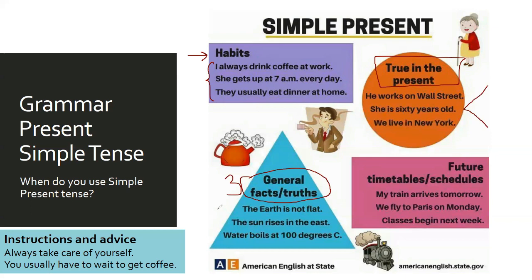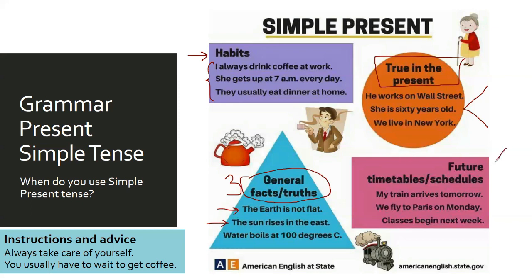So as you can see, the earth is not flat, or the sun rises in the east. I think that is an example of how you present a general truth or fact, because science or nature has proven it so.